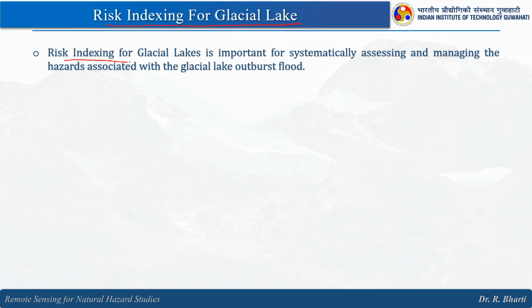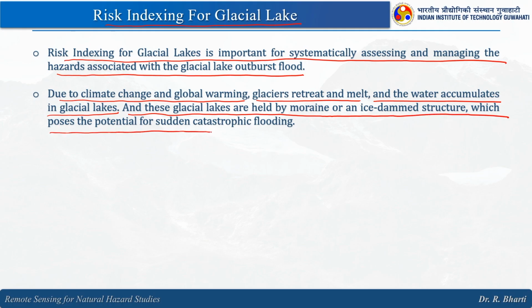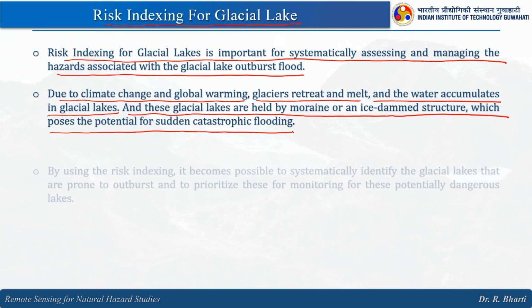Risk indexing for glacial lakes is important for systematically assessing and managing the hazard associated with glacial lake outburst floods. Due to climate change and global warming, glaciers retreat and melt, and the water accumulates in glacial lakes. These lakes are held by a moraine or an ice dam structure, which poses the potential for sudden catastrophic flooding.